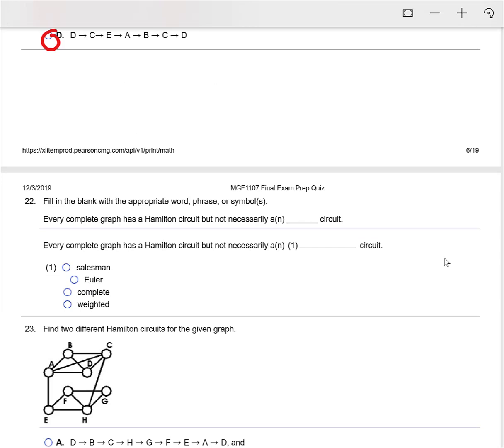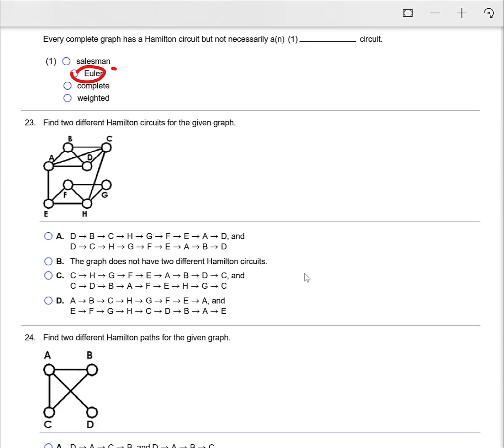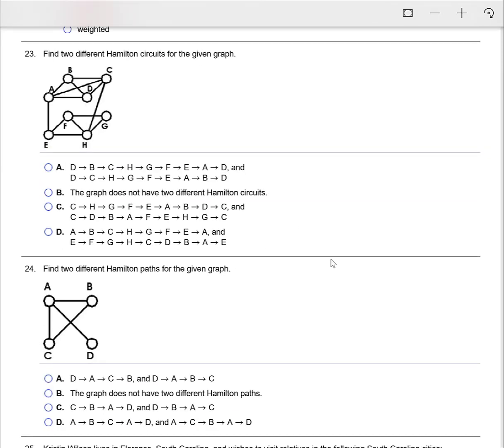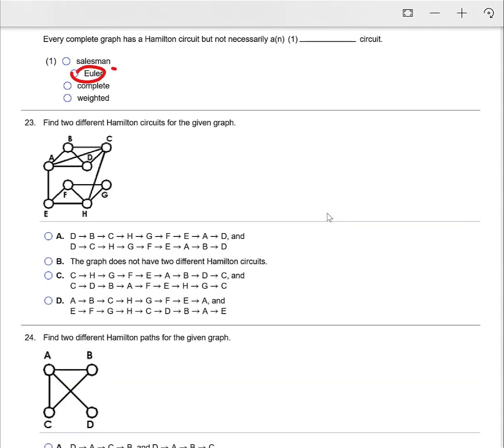Number 22, every complete graph has a Hamilton circuit, but not necessarily a Euler circuit. Find two different Hamilton circuits for the given graph. All right, so let's take a look here. As I look through these, the correct answer is A, but I want to show you some of the reasons why some of the others are eliminated.